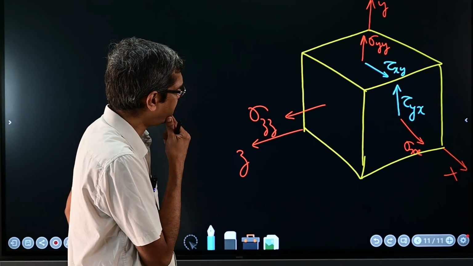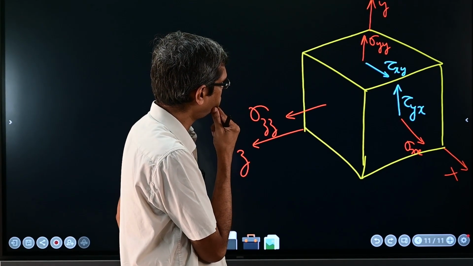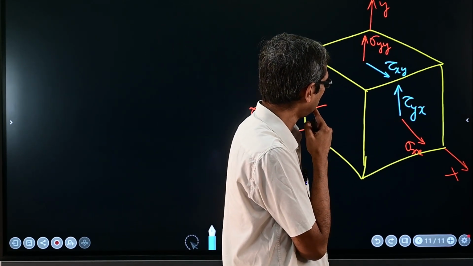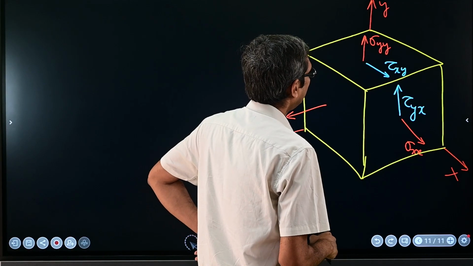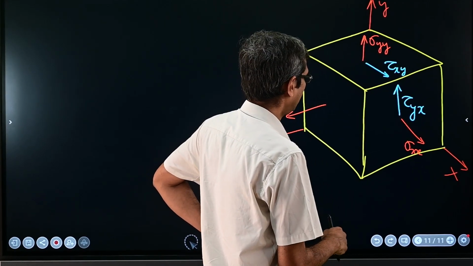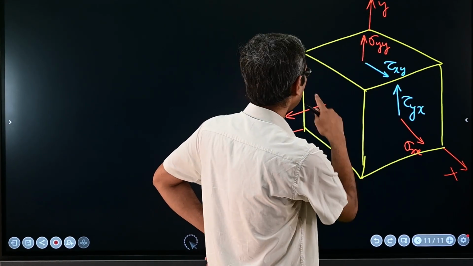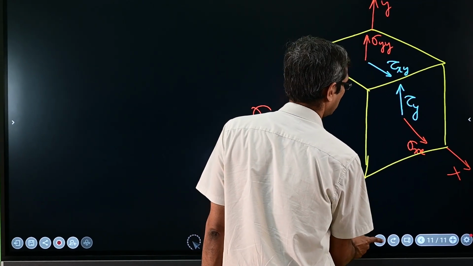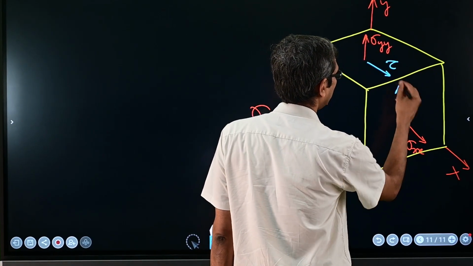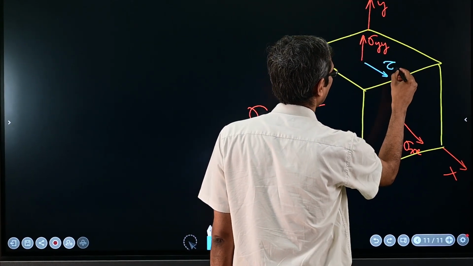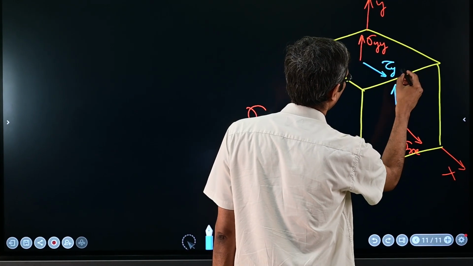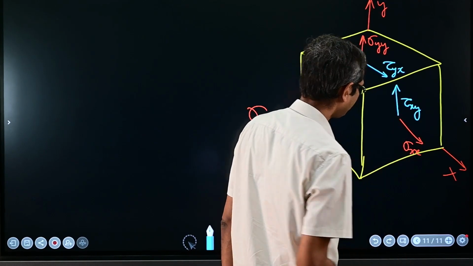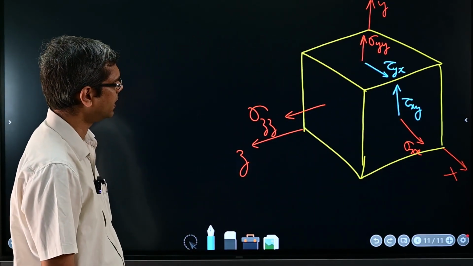Okay, and then, is it fine? Because this area is parallel to yz, so that should have been different. Here the area is perpendicular to y, so this is tau yx and this is tau xy. Fine.